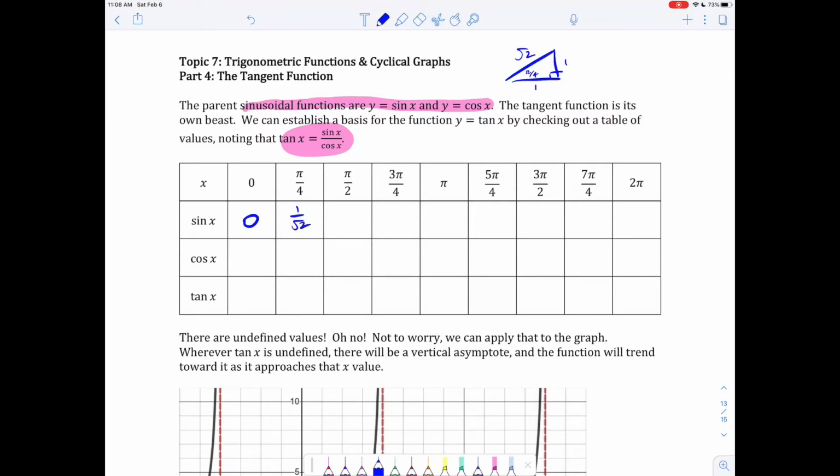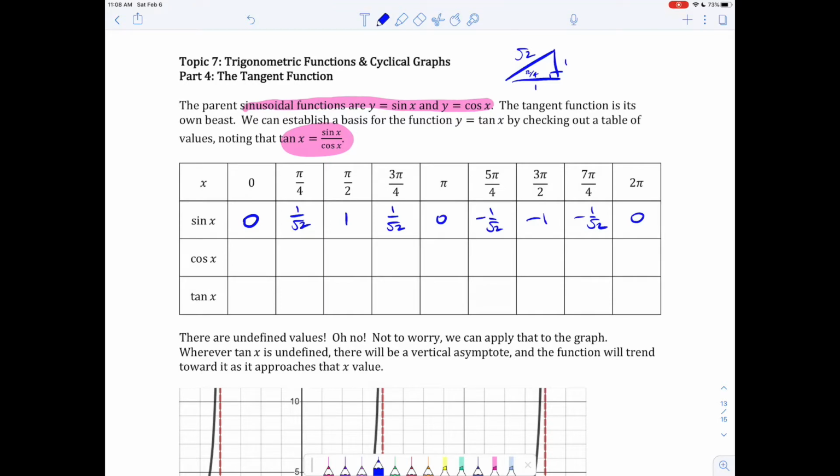Sine of pi over 2 is 1. And then sine of 3 pi over 4 is 1 over root 2. And we see a pattern emerge where it goes up to its peak, and then it goes down, and then it goes beneath that to the bottom, and then it starts coming back up. And that's its full cycle.